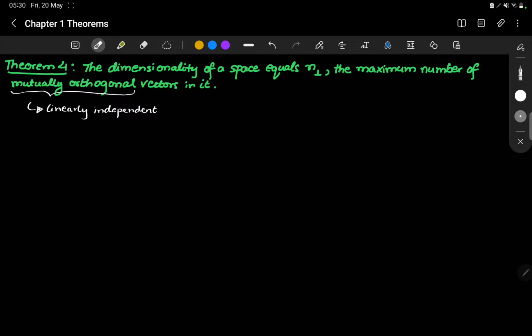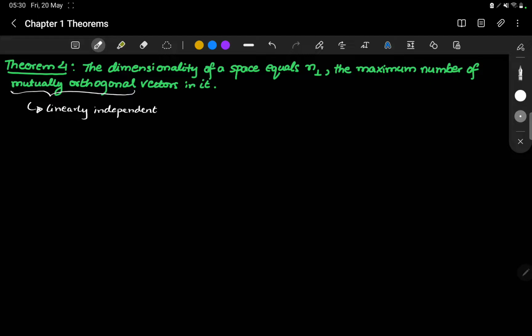Why so? Because they are mutually orthogonal, we cannot take one vector from this mutually orthogonal set and write it as a linear combination of the other vectors. It is not possible to do such a thing. So this mutually orthogonal set of vectors will also be a linearly independent set of vectors.